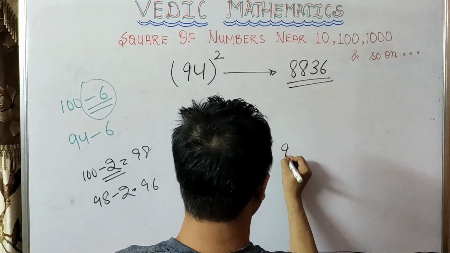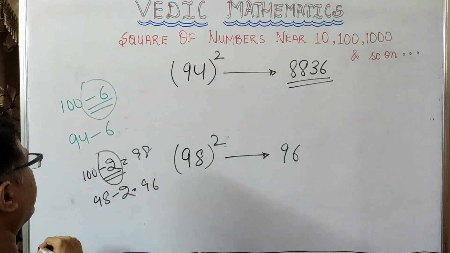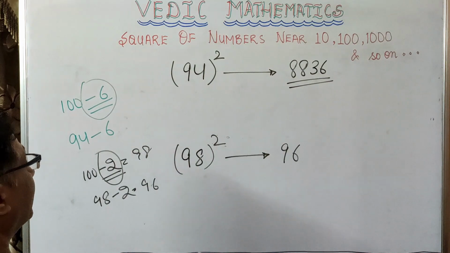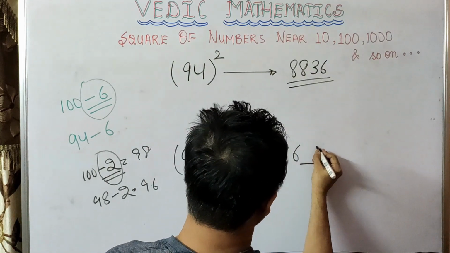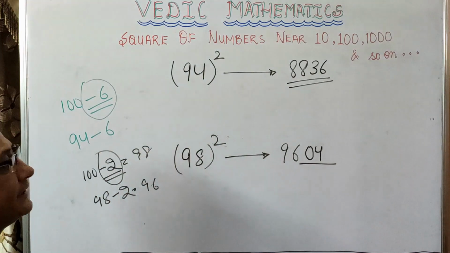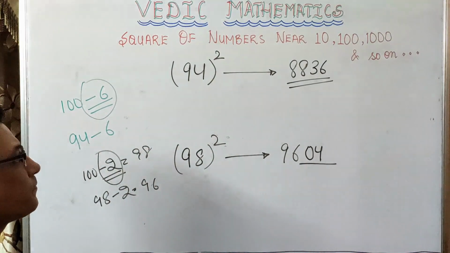You get your first part of the answer, 96. And then you square this. This is what? 4. But remember, the base is what? 100. So you want 2 digits over here. So we will add a 0 to make it 2 digits, and we get our answer.